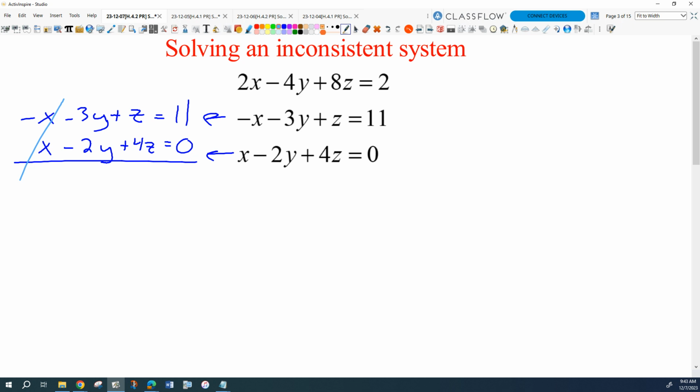And the x's will go, right? Okay, so then if we add those up, we get negative 5y plus 5z equals 11. Okay? Now what?